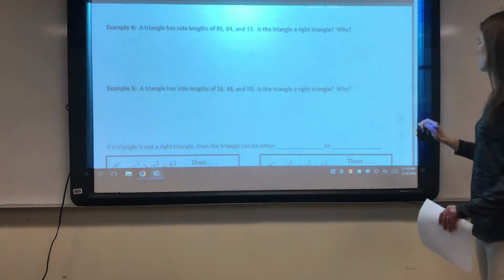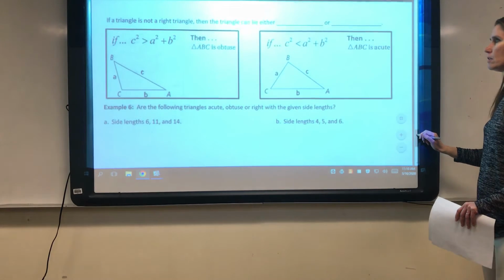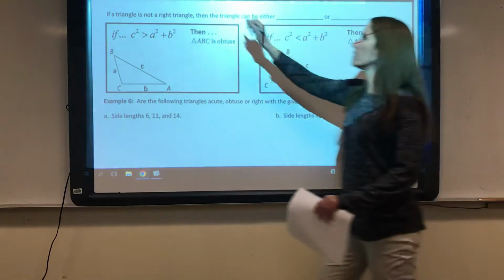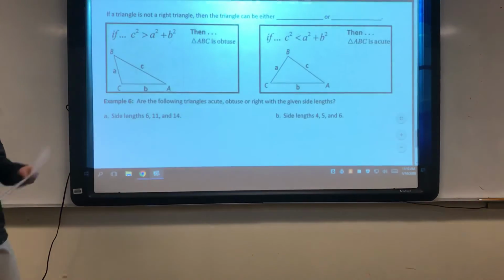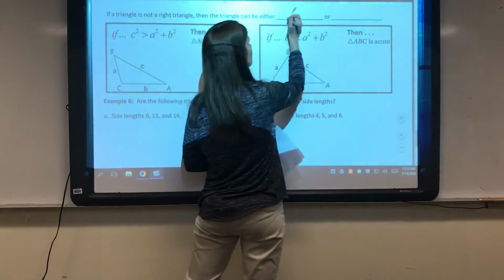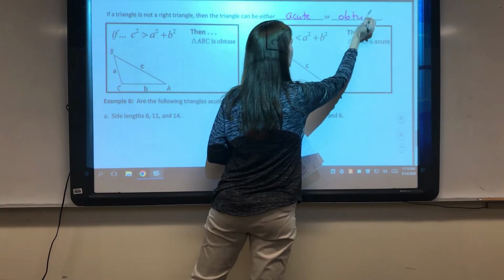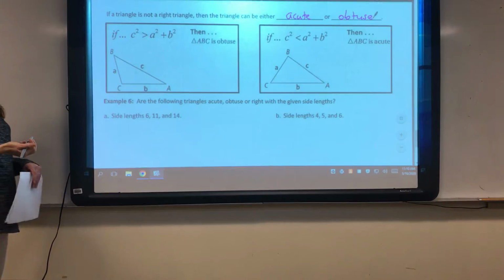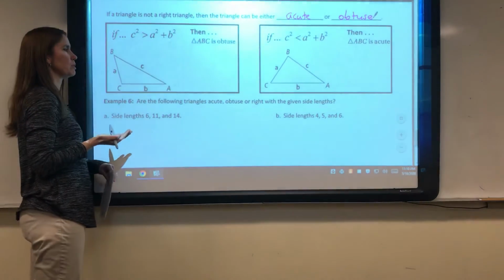If we get this moved up, here is where you can determine what type of triangle it is based on the information given. So if a triangle is not a right triangle, then it can be either acute or obtuse. And what it's showing here is that if c squared is greater than a squared plus b squared, then it's obtuse.